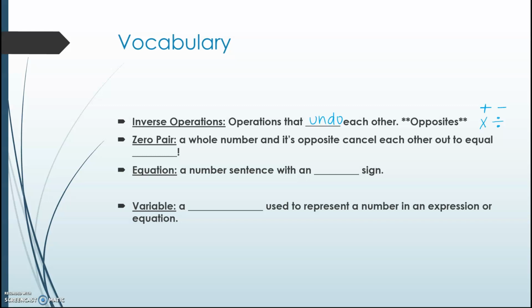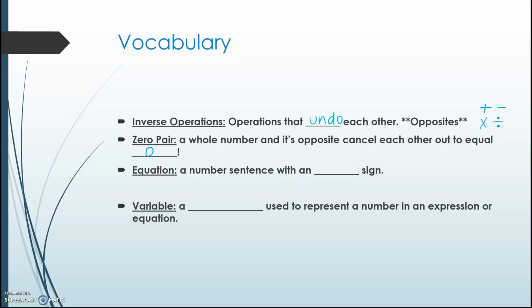And then a zero pair is a whole number and its opposite that cancel each other to equal 0. So for example, if I give you a banana and I take it away, that's as if I never gave you anything in the first place, right?